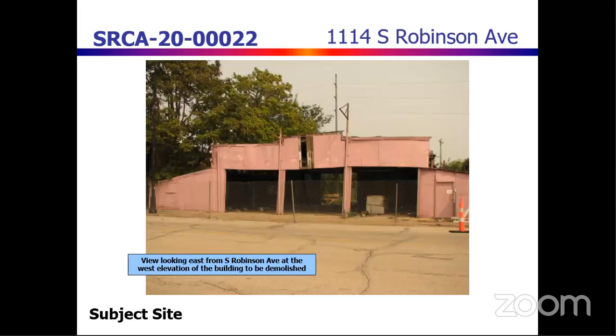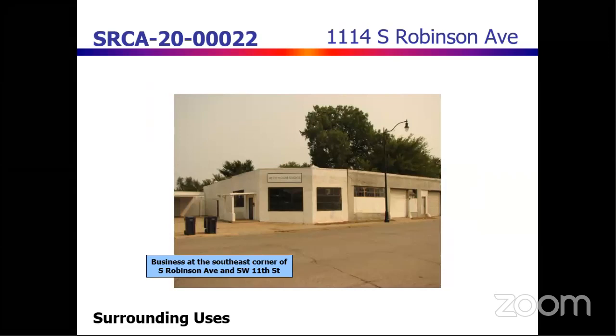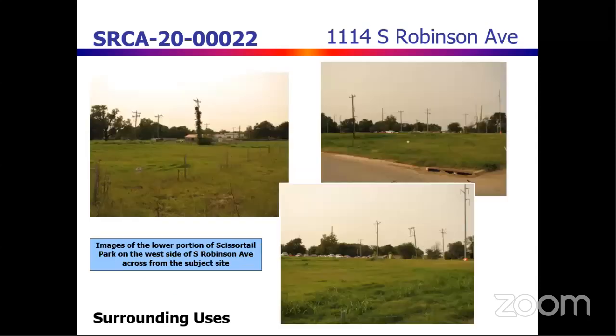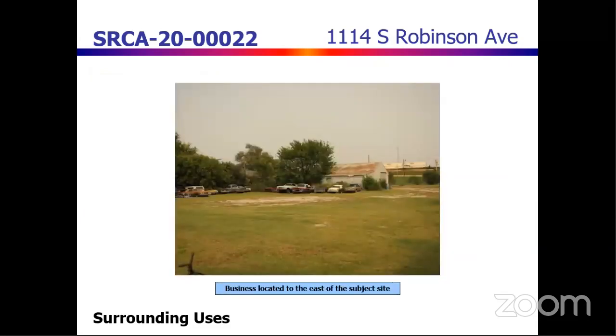Staff, however, doesn't necessarily feel that this construction type, which is not a sturdy masonry construction type, would stand the test of time. We included the demolition guidelines in the staff report, as well as other purpose and intent information from DTD2.